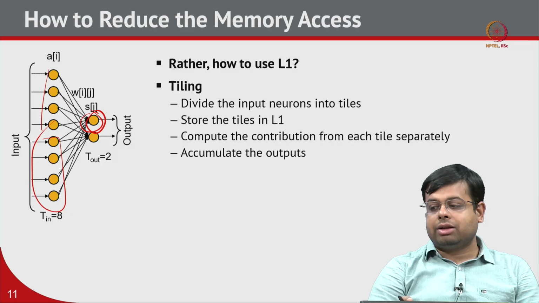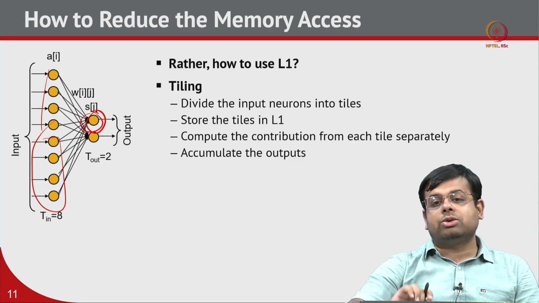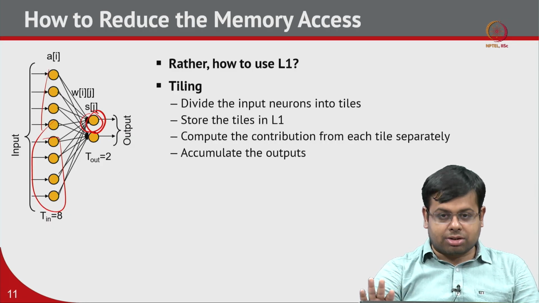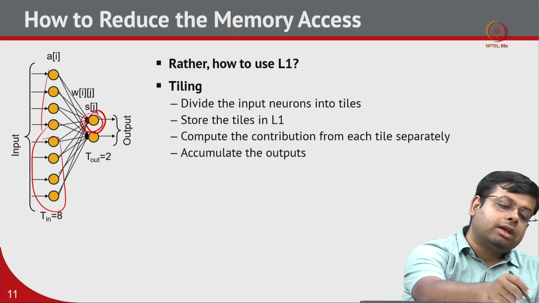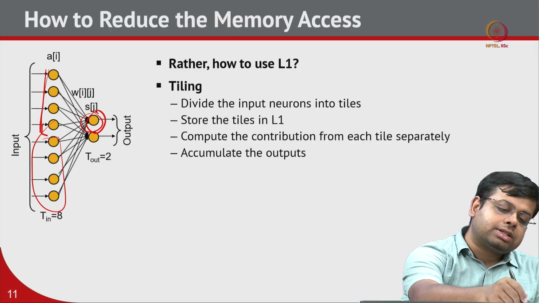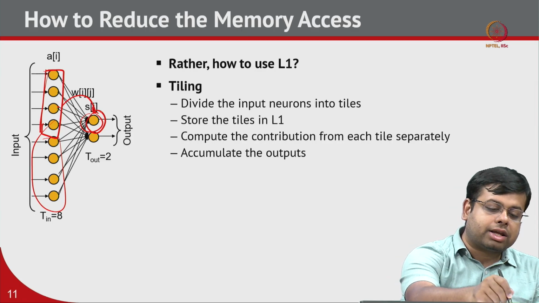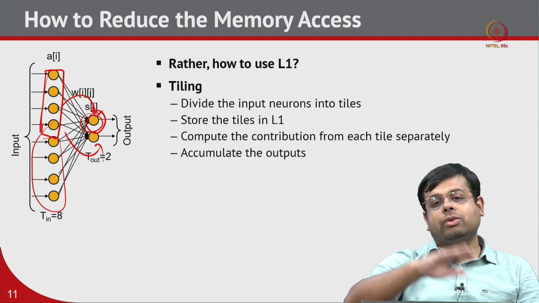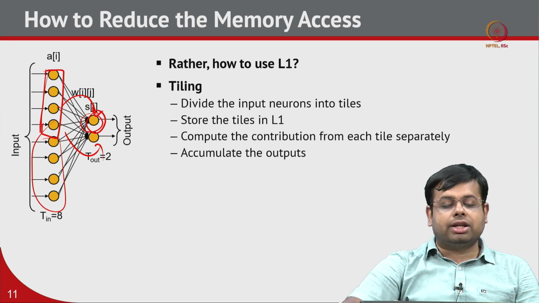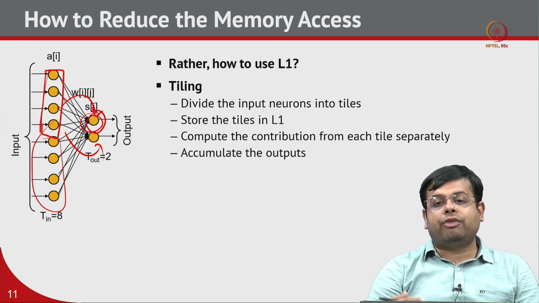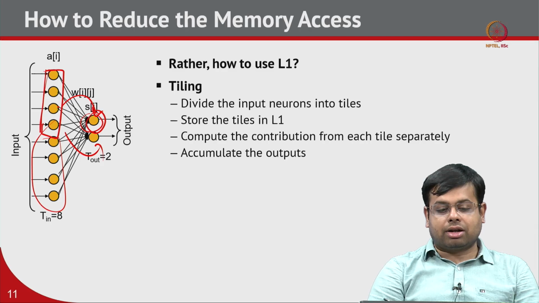Whenever we do the tiling, we have to make sure that we are using the tile as long as possible. So, we will contribute the computation of this tile to both S0 and S1, and then we will throw that tile back to DRAM or wherever, and then fetch the next tile into the L1.